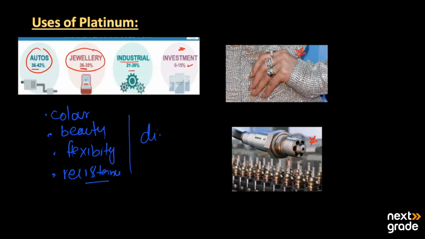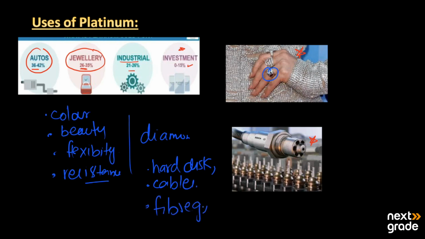For rings made with diamond, we use platinum for the setting, and different gemstones are also attached to it. Platinum is also used in the production of hard disk or hard drive coating, and also in coating different types of cables. It is also used in the manufacturing of fiber glass. So these are all the different uses of platinum we have.